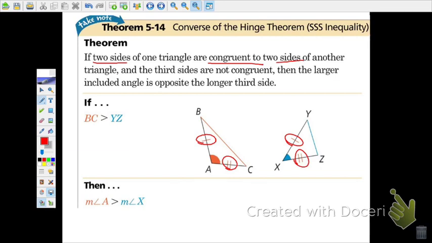So this time the third sides are not congruent. So we know side BC is longer than side YZ. So then the larger included angle is opposite the longer third side. So if BC is the longest side, then angle A is the bigger angle.